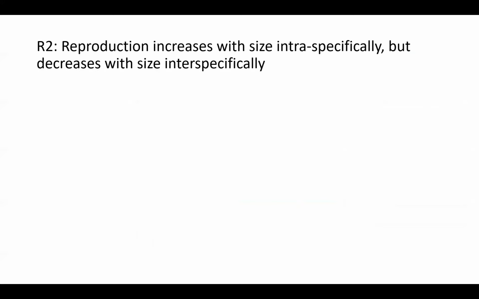Reproduction increases with size intraspecifically. Sure, that's the first term here. The bigger you are, the more energy you have, the more you'll be able to give to reproduction. If you're growing larger, BS is larger, BR is smaller, so you get less energy to reproduction. So I guess if you're a species that has the same assimilation but wants to grow larger, you'll reproduce less.